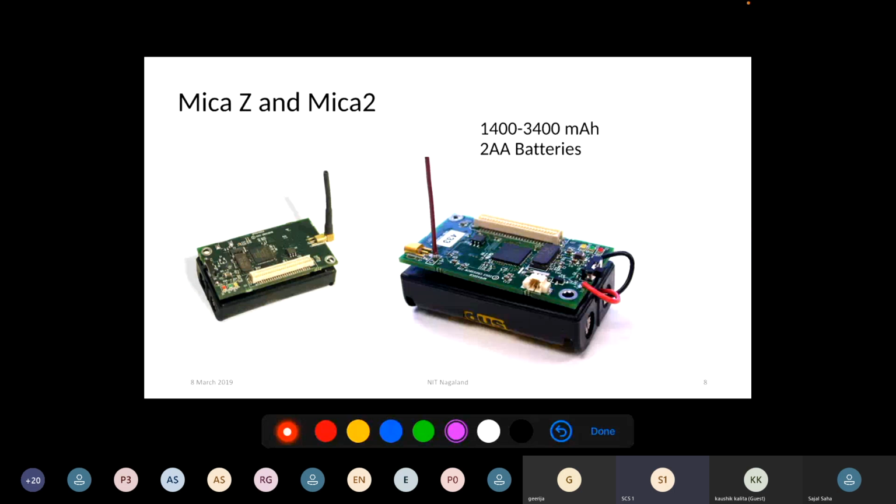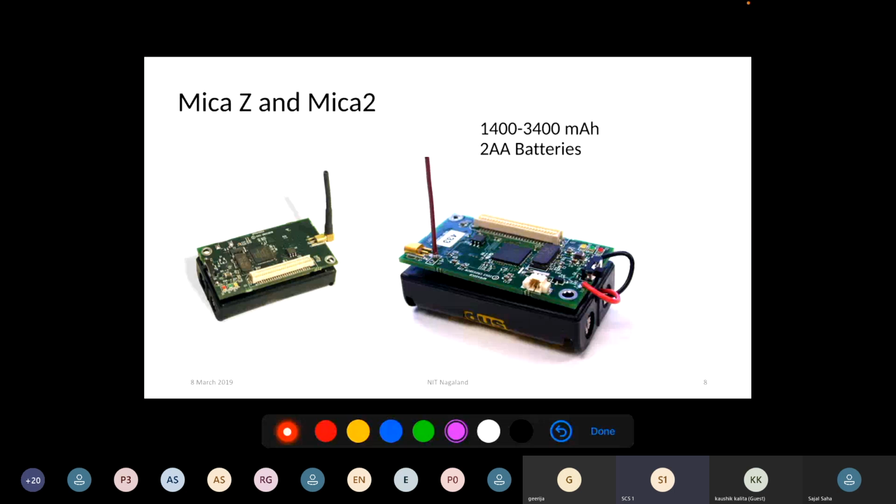One better version is the MicaZ or Mica2. The left one is the MicaZ and the right one is the Mica2. Their power level is much higher, that is 1400 to 3400 milliampere. You can see that they are connected to AA size batteries, the pencil battery.